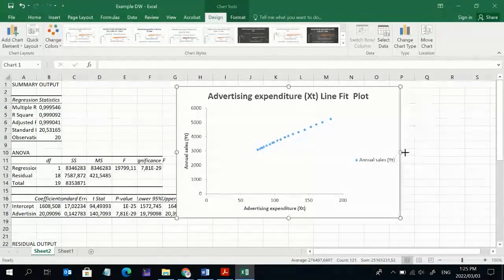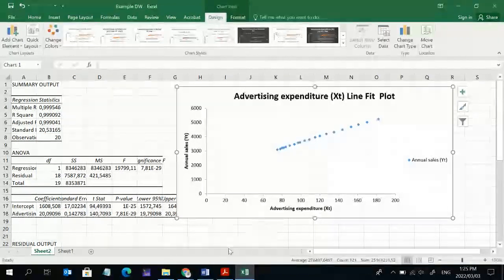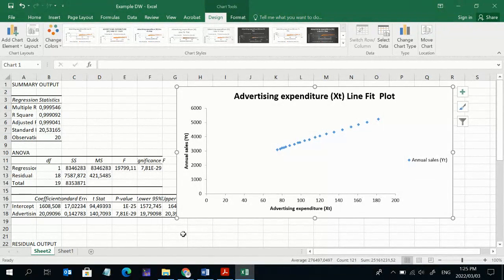How do we interpret this? The annual sales are linearly, actually positively, related to advertising expenditures. You can see that there is a positive relationship, and it's even perfect. All the points are on the line.